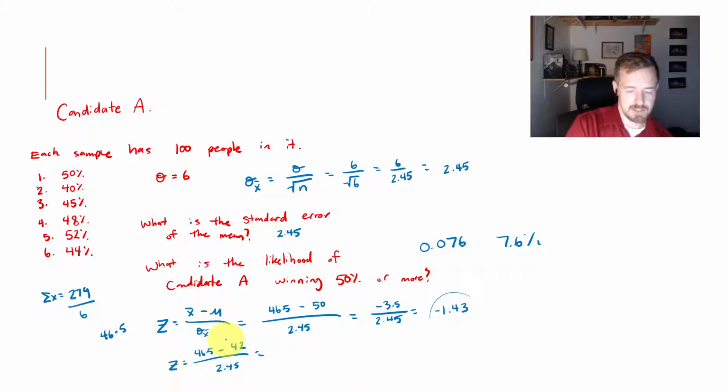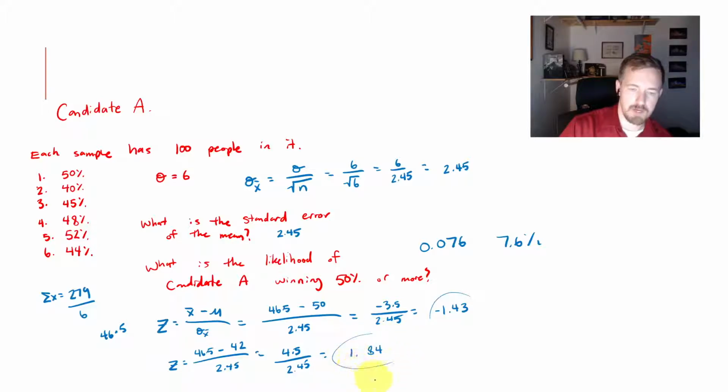In this case, 46.5 subtracted by 42 is going to give me 4.5, divided by 2.45, which is going to be 1.84.